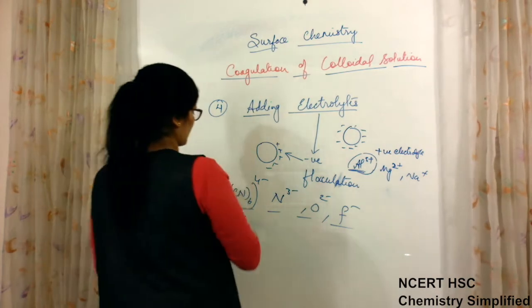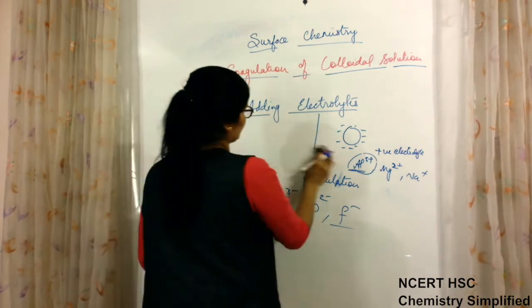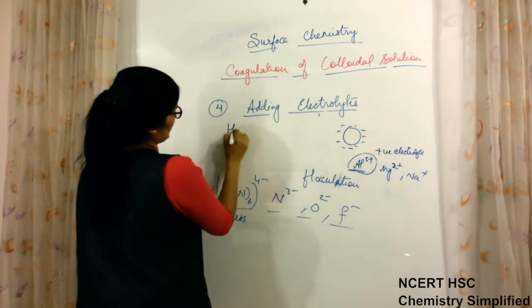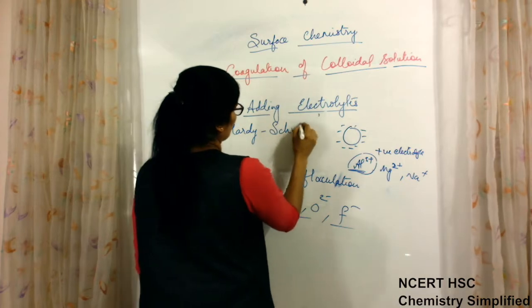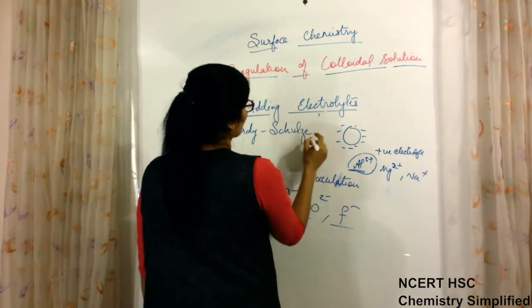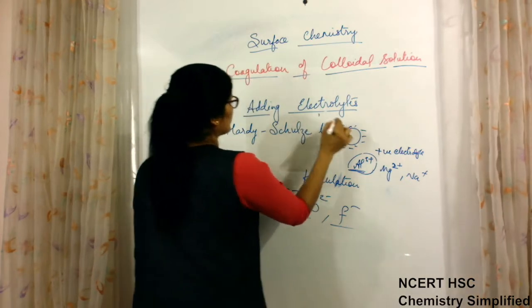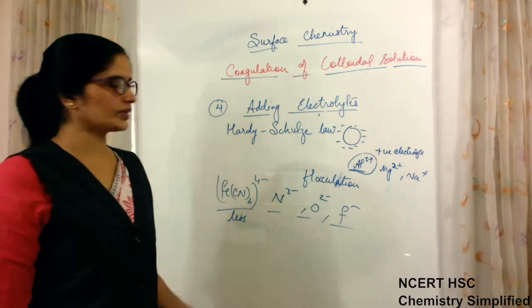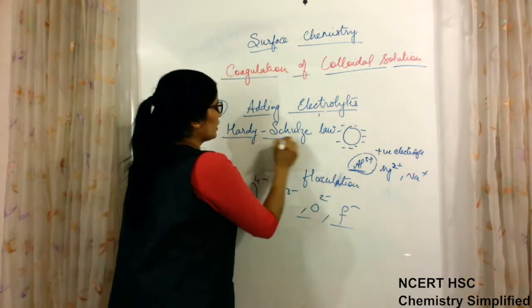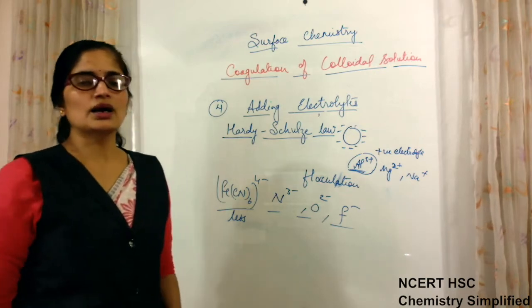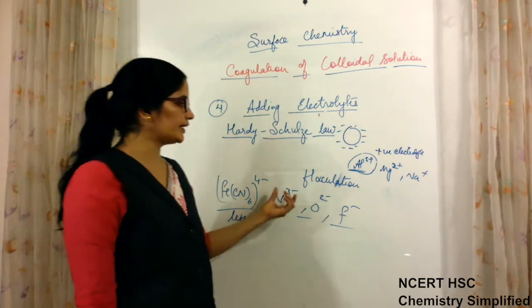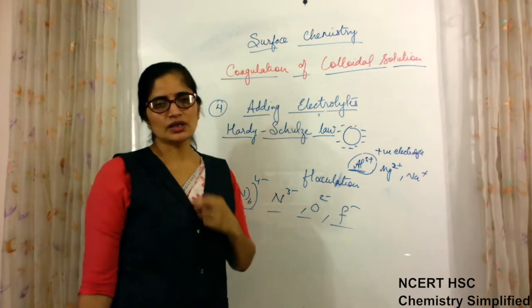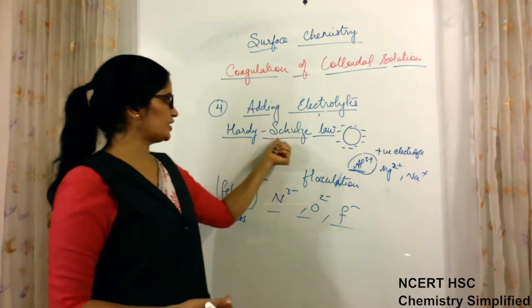This is known as Hardy-Schulze law. What is this law? That the more the charge on the flocculating agent, the more is its flocculating power. Okay. So this law was given by Hardy and Schulze.